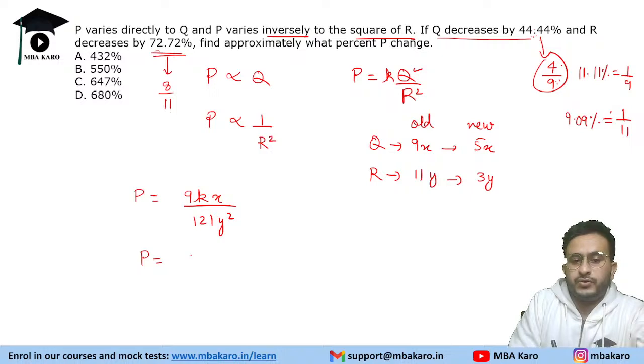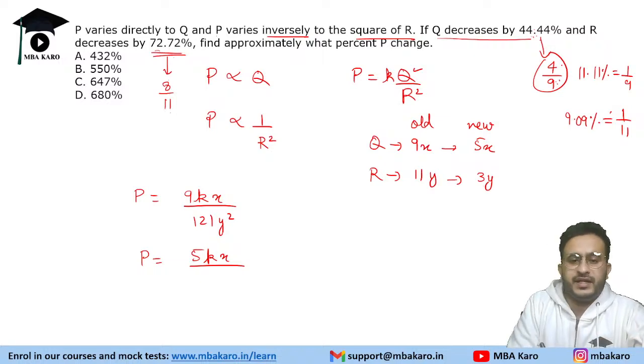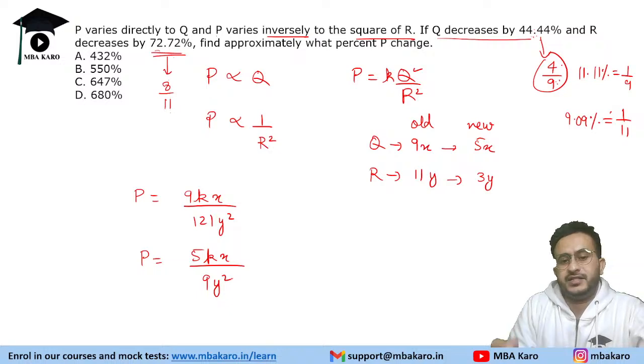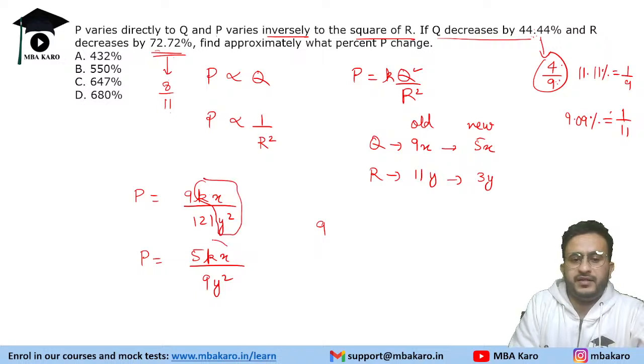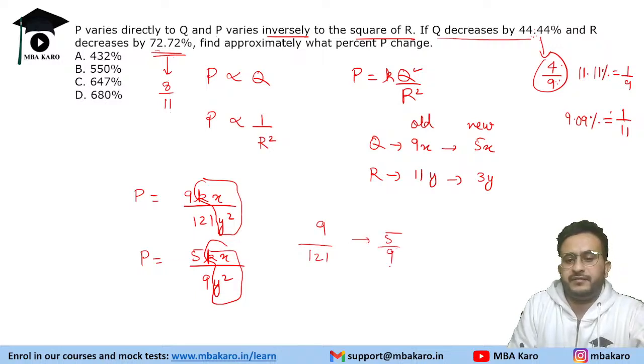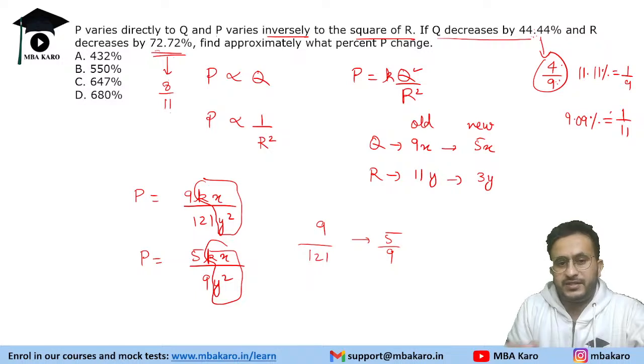So that is 5kx upon 3y whole square, that is 9y square. We need to find the percentage change in P. Previously P was 9 by 121, since these are some variables we will ignore them, and now it has become 5 by 9. We need to find the percentage change.